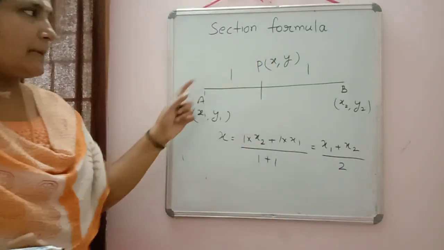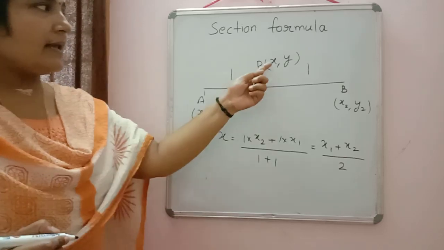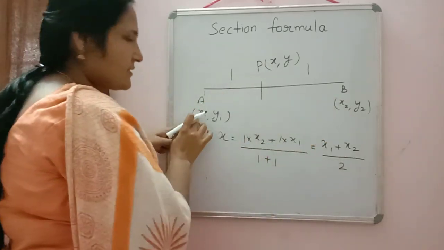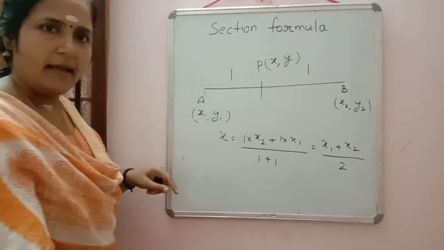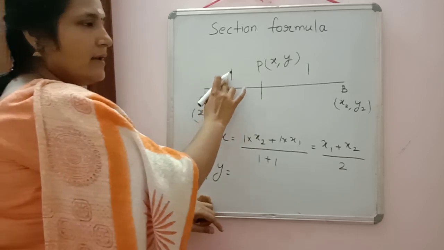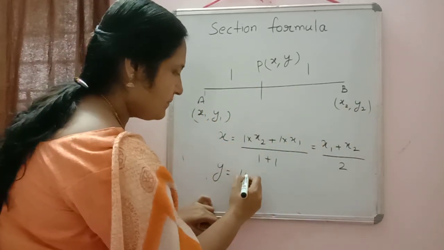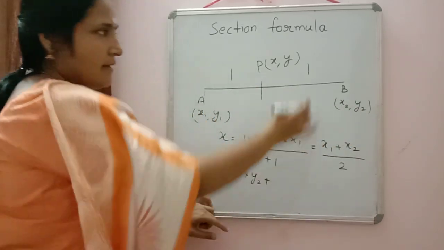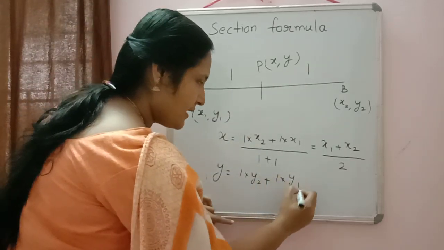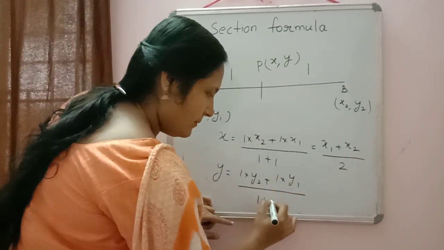So if P is the midpoint of AB, then x coordinate we can calculate by adding the corresponding x coordinates and dividing by 2. Similarly, y coordinate 1 into y2 plus 1 will be multiplied by y1, cross there, by 1 plus 1.